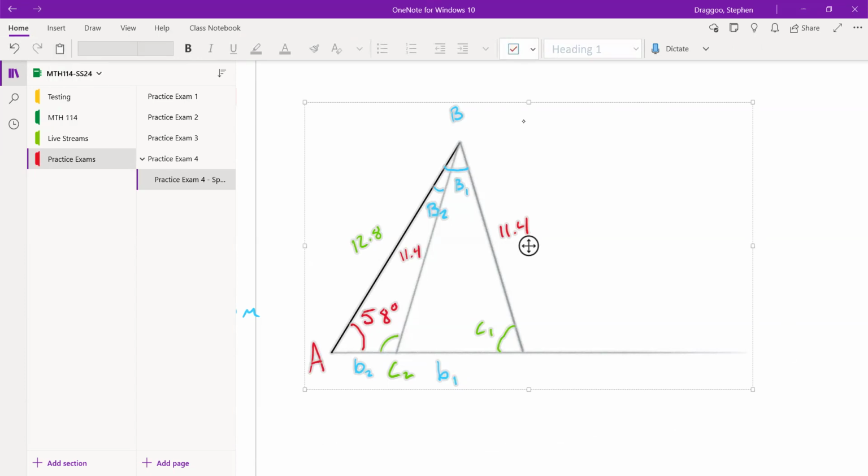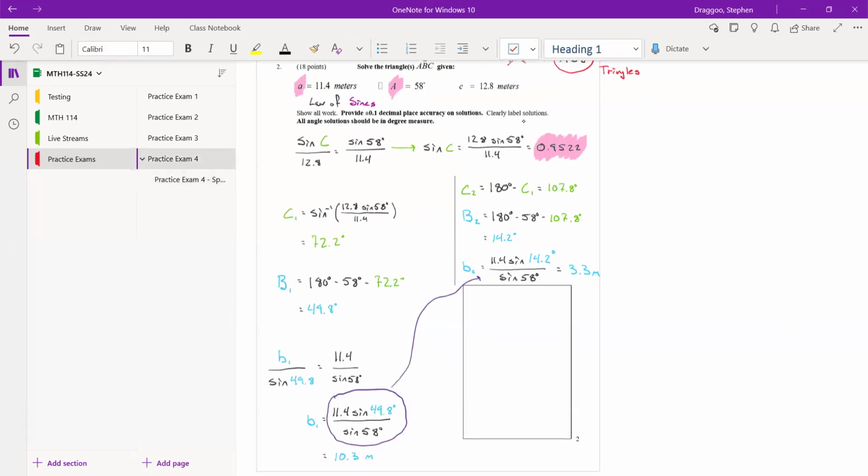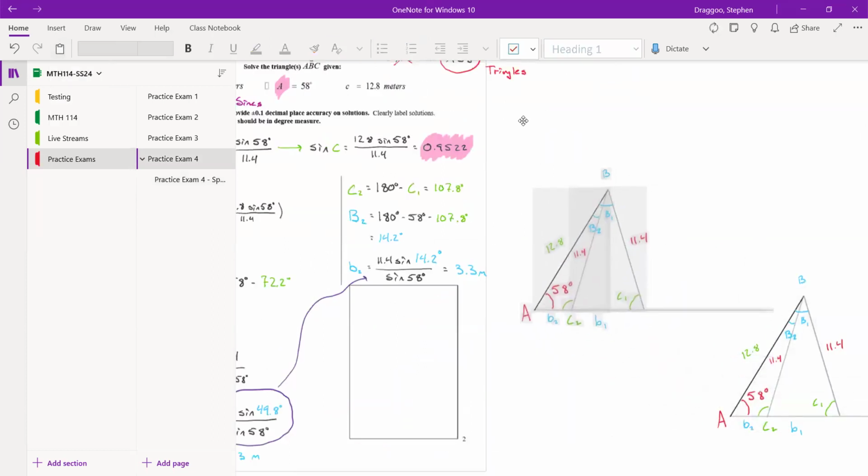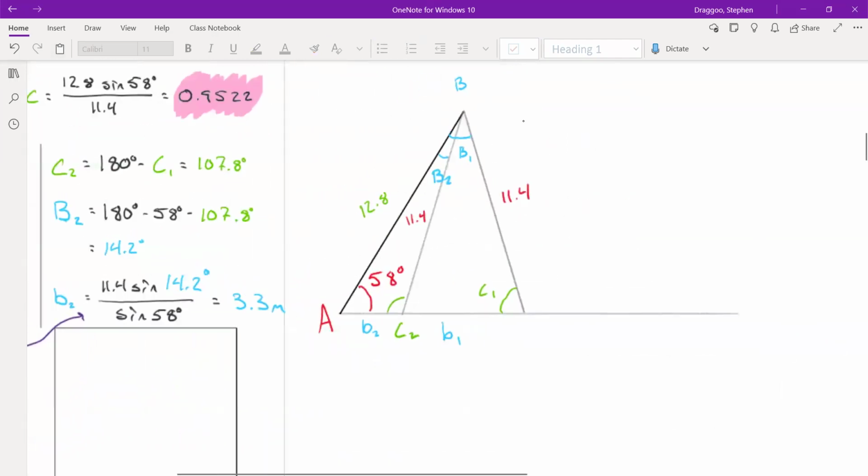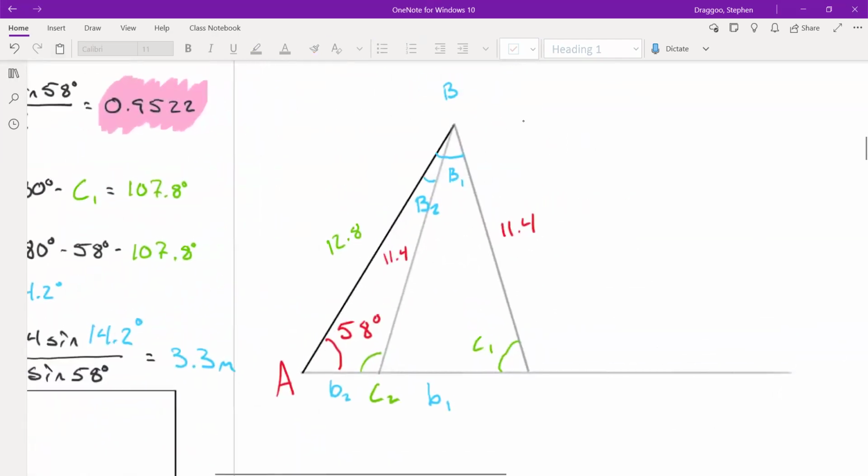Copy back to here. Paste. Since I'm running out of time, I won't go through sketching the whole thing, but this is what our pair of triangles look like.